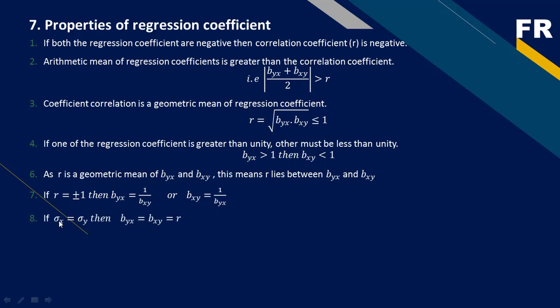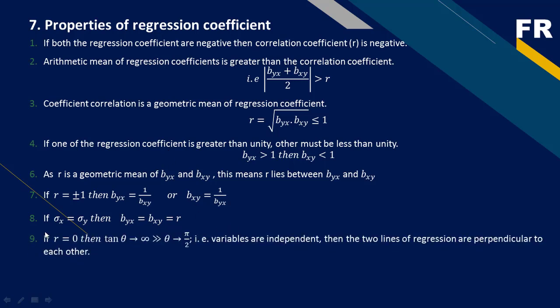If the standard deviations of x and y are the same, then the regression coefficients byx and bxy are equal to the correlation coefficient. If r is equal to 0, meaning there is no correlation, or we can say the variables are independent, then tan theta goes to infinity and theta is equal to pi by 2.